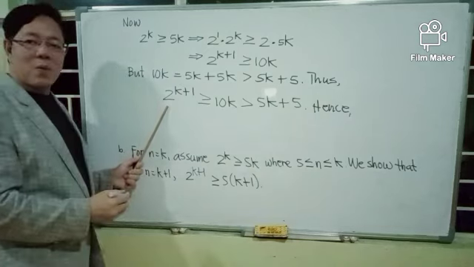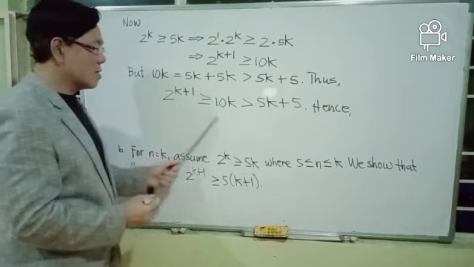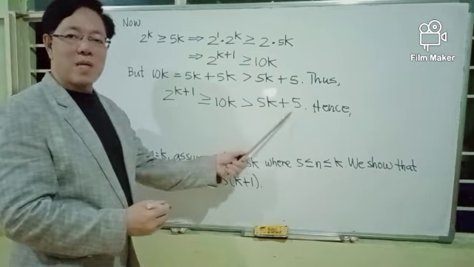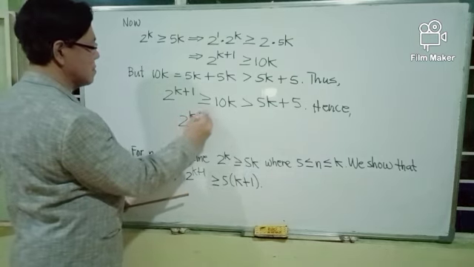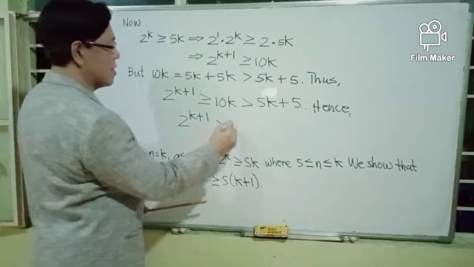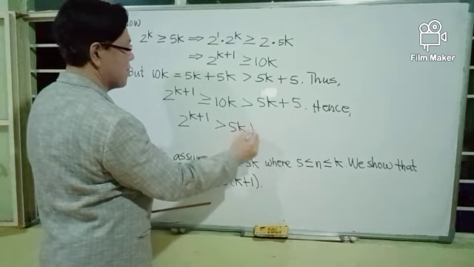Hence, 2 to the power k plus 1 is strictly greater than 5k plus 5.